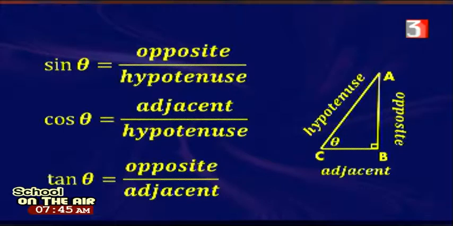So sine is abbreviated as SOH. What is SOH? The first letter of the word sine, the word opposite, and the word hypotenuse. SOH, S-O-H. It is abbreviated as SOH, so as to remember the rule. Sine equals SOH, opposite over hypotenuse. What about cosine? Take the first letter from each word, so it is CAH.